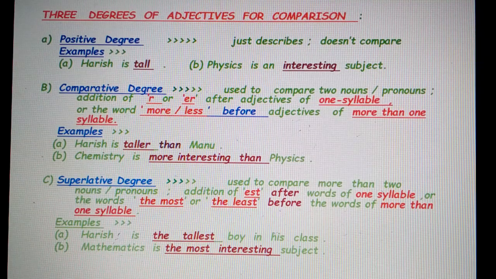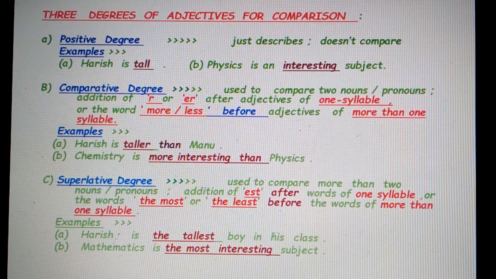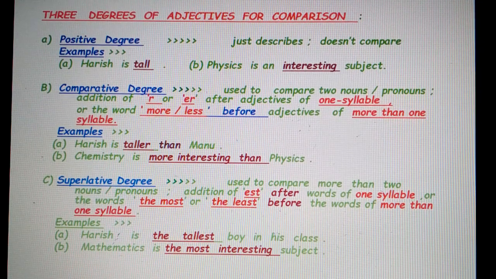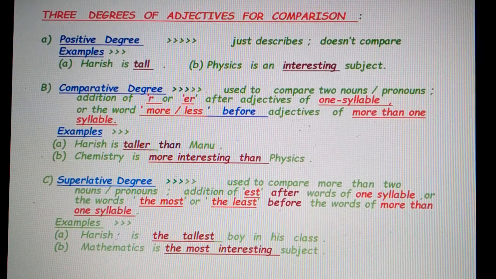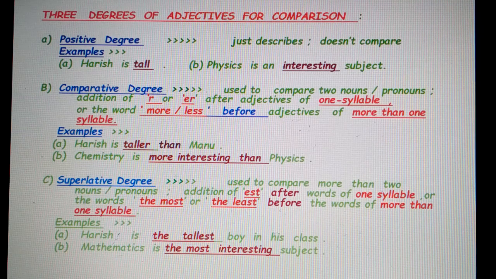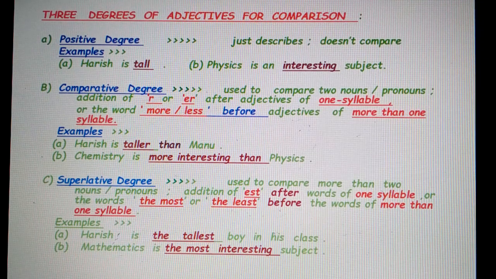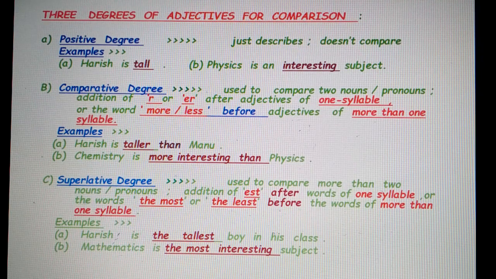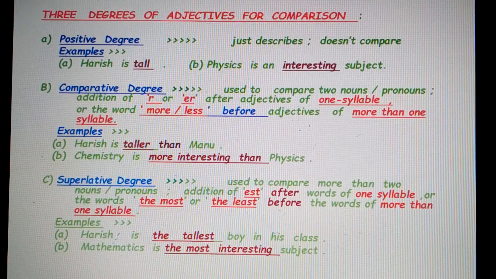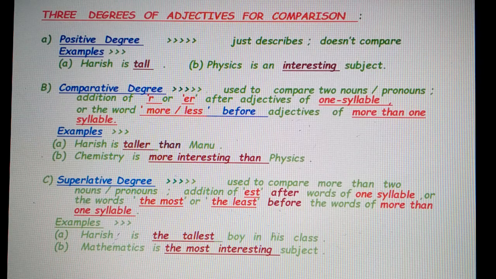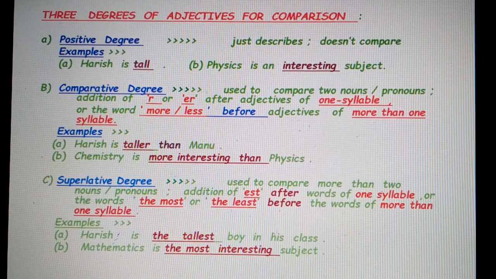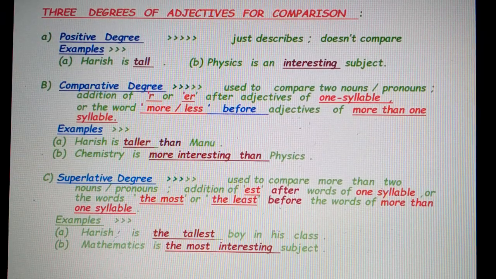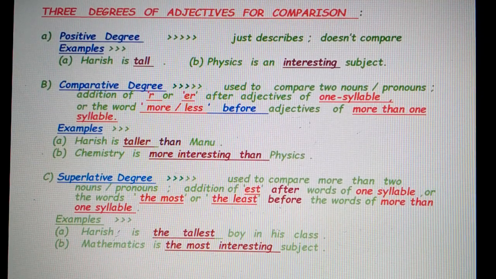We are talking about Harish, a boy, and he has the quality of being tall. So, just a description here. Physics is an interesting subject. One of the subjects is physics, and I like it, so it is interesting for me.